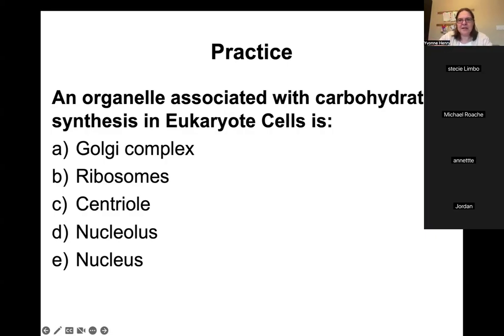So take a guess and put it in the chat, please. Okay, we have two guesses. Anybody else want to guess before I tell you the answer? Good. Everyone's in agreement so far. Carbohydrates are added or adjusted in the Golgi complex where they are put on the final protein. So you're all correct. That's right.